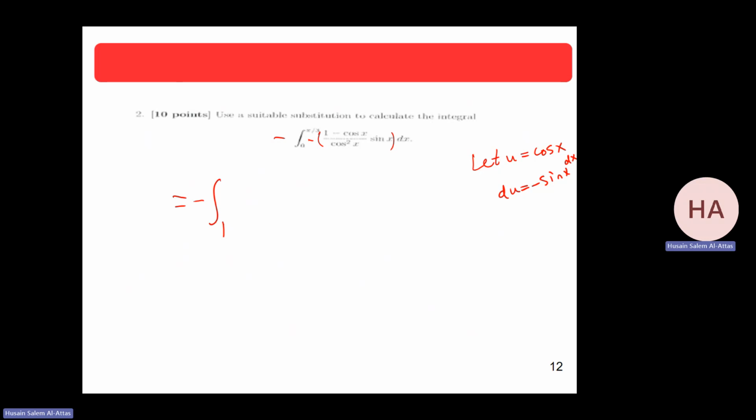Cosine pi over 3, which is 60 degrees, will be half. Then 1 minus u squared over u squared. This with the minus sign, with the dx, will be du. Done. I can multiply by the minus 1 inside. That gives me u over u squared minus 1 over u squared du.